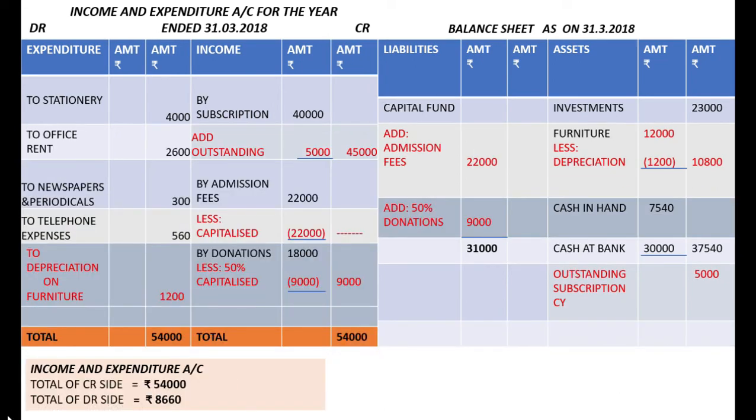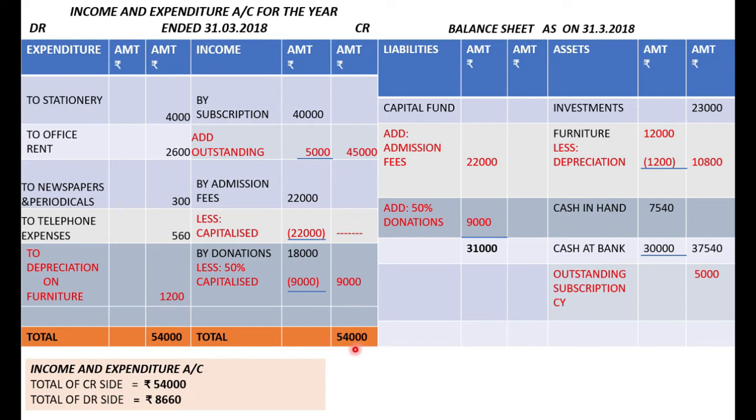Students, your total of credit side of income and expenditure account is rupees 54,000 and total of your debit side of income and expenditure account is 8,660. So our credit side total is more. So we'll write this 54,000 on both sides.